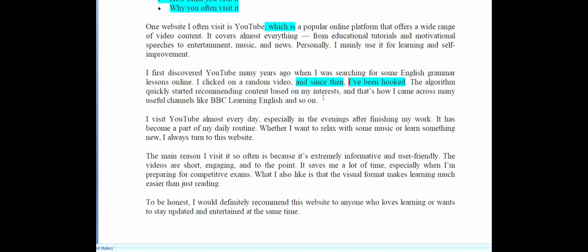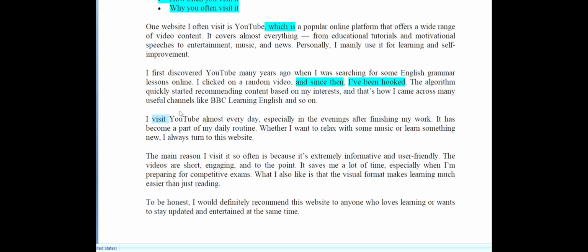This is the fact, so it is always in the simple present tense. I visit YouTube almost every day, especially in the evenings after finishing my work. So again, a very clear and elaborative answer from a very general statement to a specific statement using the word especially. It has become a part of my daily routine.